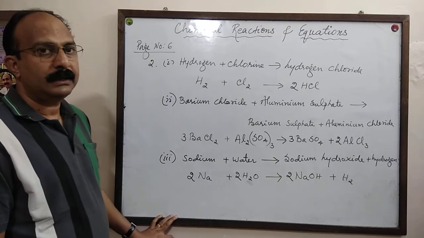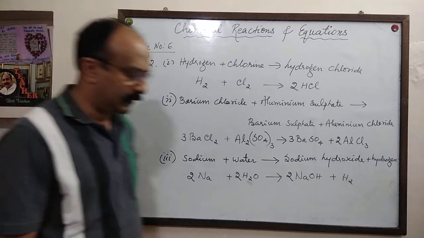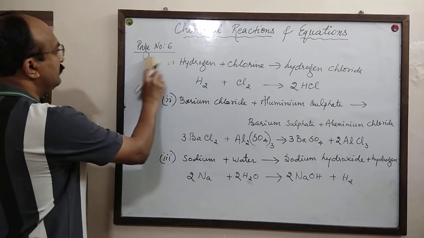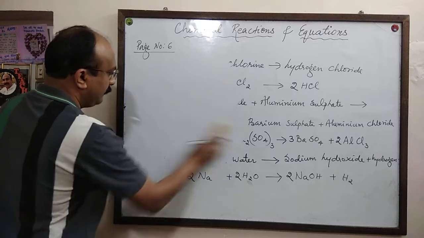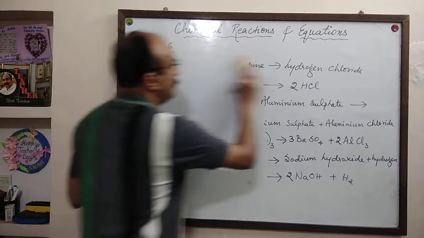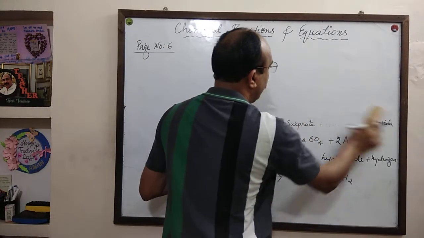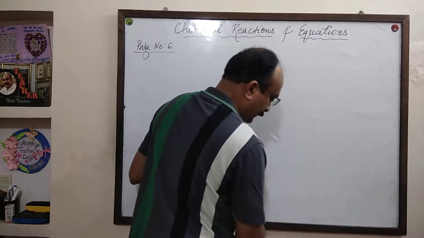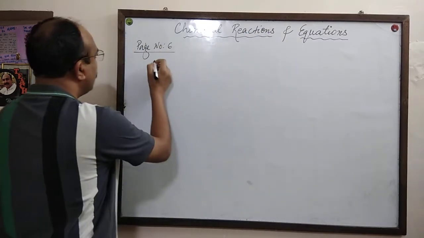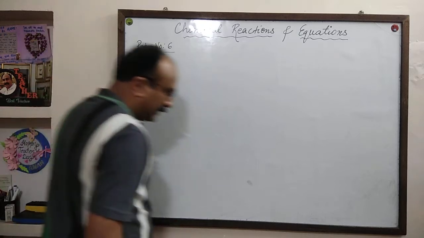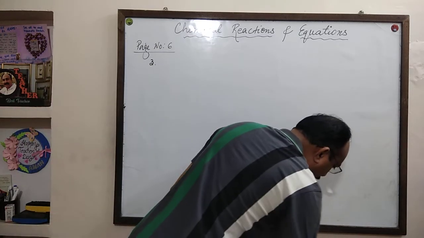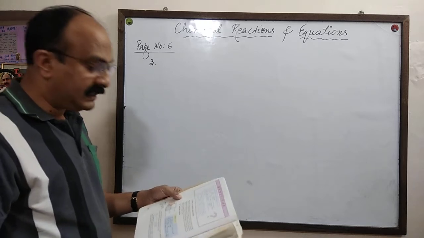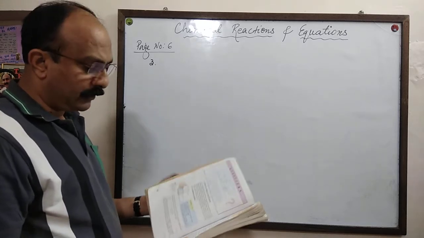See once again, all the 3 questions are done. Now there is one more question given, question number 3. Write a balanced chemical equation with state symbols for the following reactions.